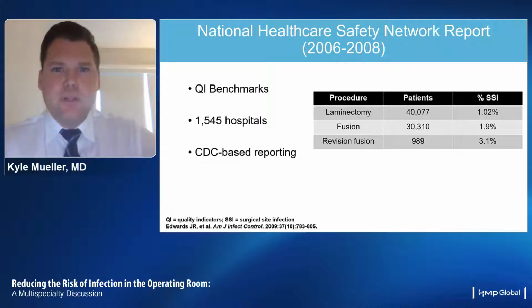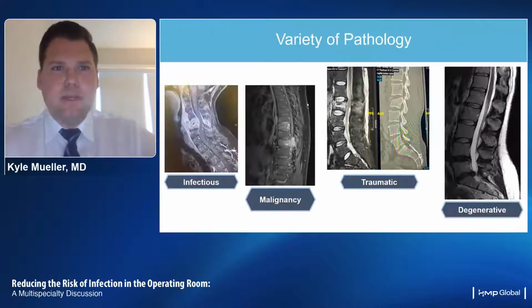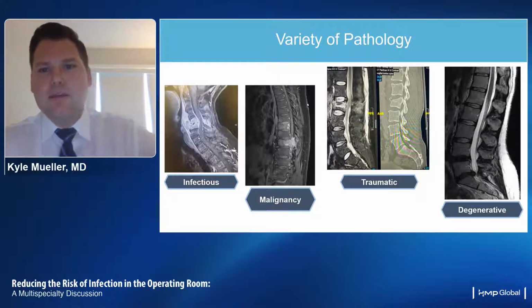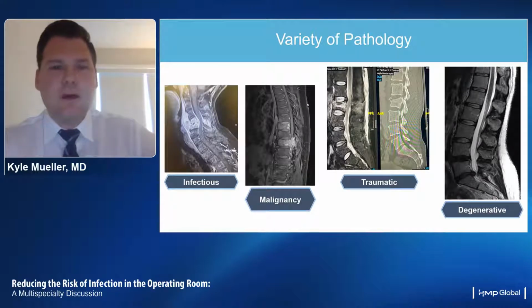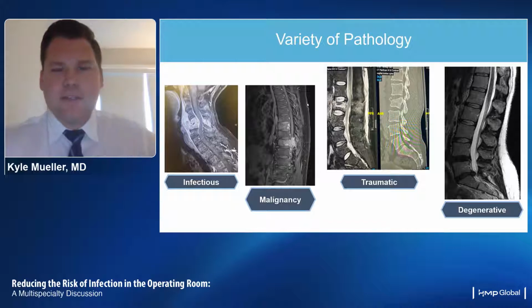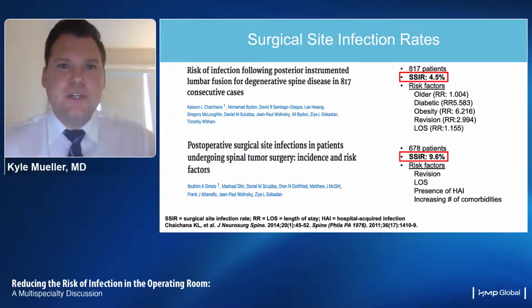And unfortunately, what many of these initial databases lacked was an attention to the pathology. And the difference in pathology will confer drastically different risks of infection, even with the same surgical procedure.